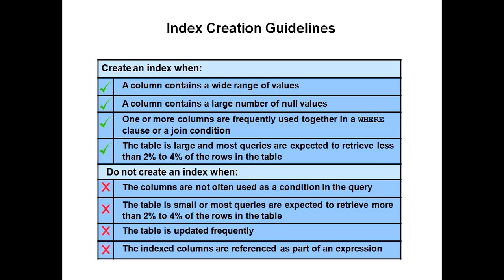As per the first point you can read on the slide, a column which contains a wide range of values, that means a huge number of unique values, should be considered for creating an index. For example, employee number, because one employee number will not be equal to another employee number, and it will be unique.